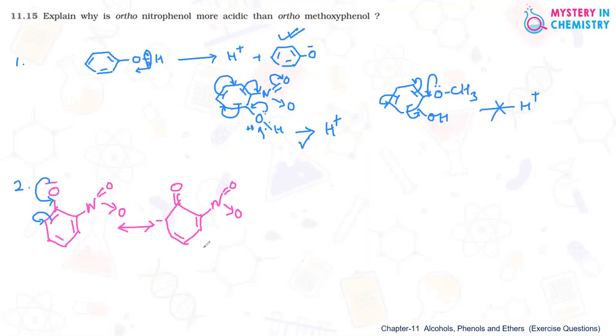So it is up to here, and after that, in the third structure, this electron pair forms a double bond here, and this bonding pair will form a charge over here. And with this, we have the third structure.